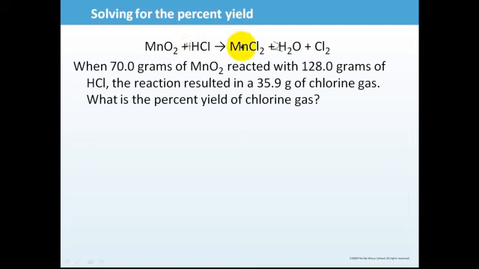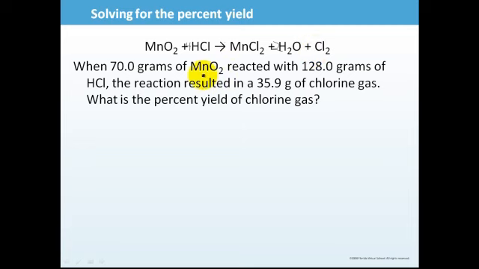So we have 4 chlorines. Over on the left, we only have 2. So to fix that, I'm sorry, we do have 4. We got 2 here in the MnCl2, and then we got 2 over here in the chlorine gas. So total, 2 and 2, we've got 4 chlorines on the right side. So now we have our balanced equation.